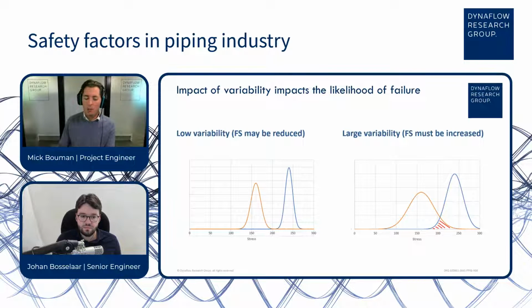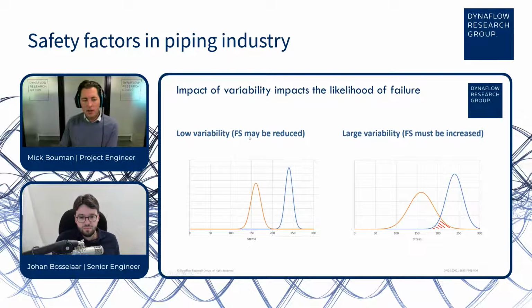Sometimes you have to approximate the real situation with a simplified model, but the simplified model is not 100% accurate. And if you have low variability, that means that the graphs, or the probabilities, are quite small, and they're well centered around the average value.